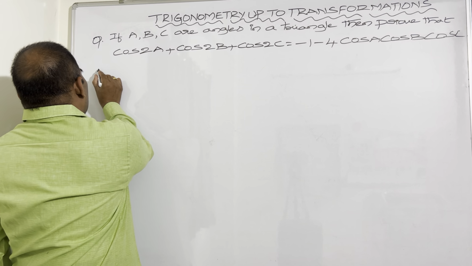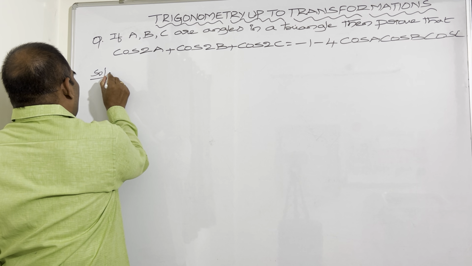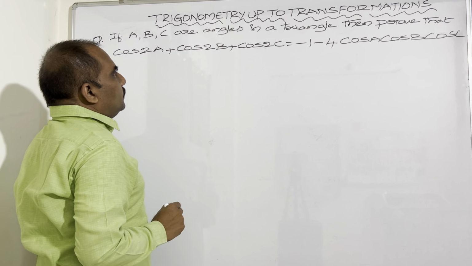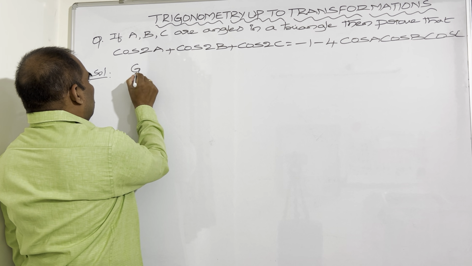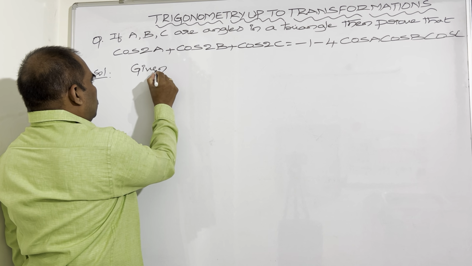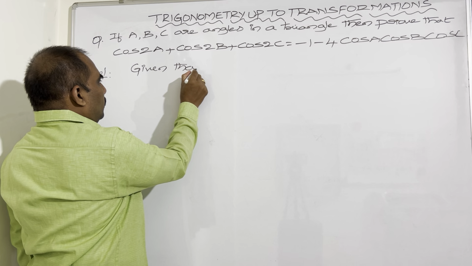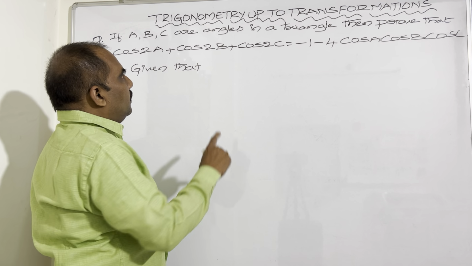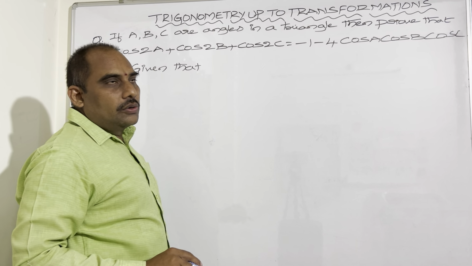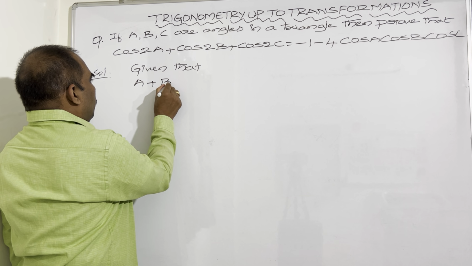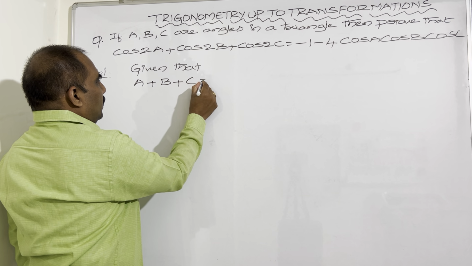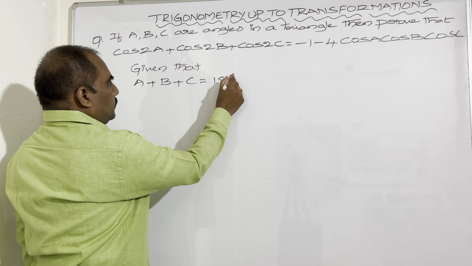So in the solution, what is given? A, B, C are angles in a triangle. So given that, the sum of the angles in a triangle is equal to 180 degrees. So A plus B plus C is equal to 180 degrees.